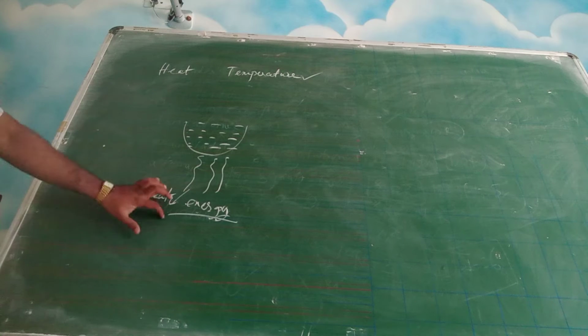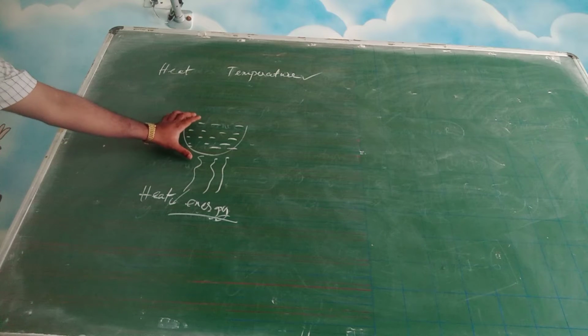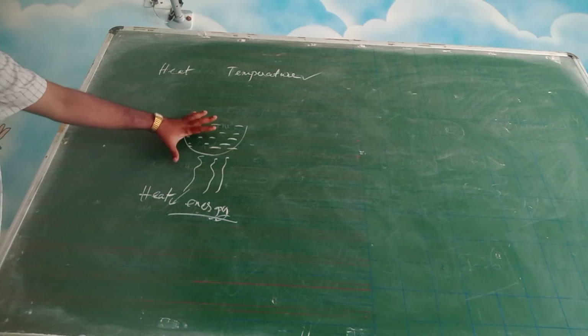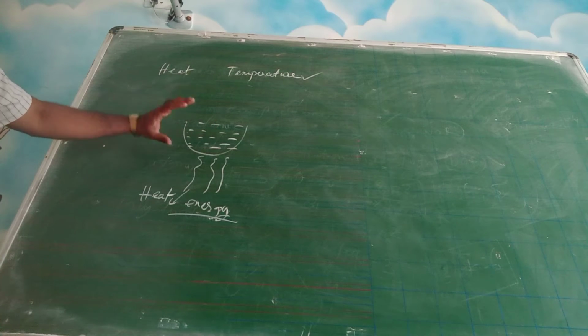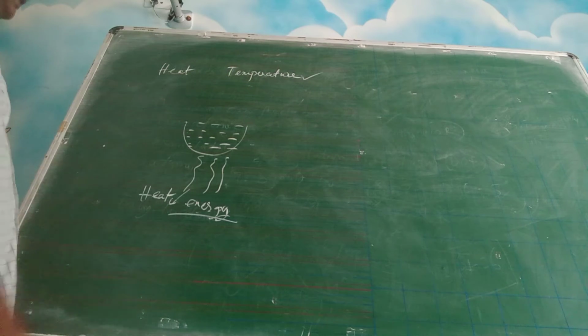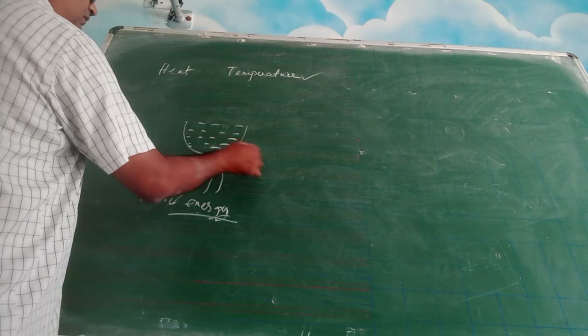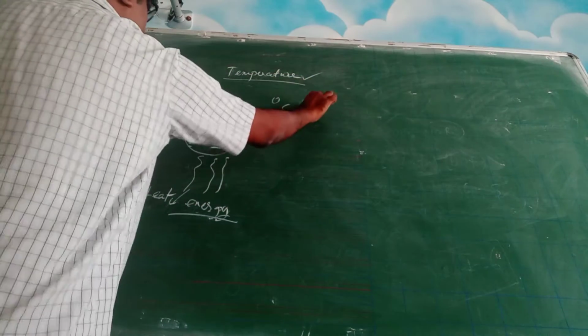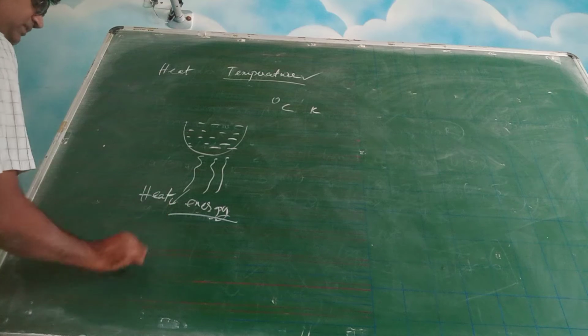Okay, you are supplying heat energy to increase the kinetic energy of the molecules. The degree to which it rises is temperature. Okay, initially let us say it was at some temperature; temperature is measured in degrees Celsius or Kelvin. Okay, and heat is measured in joules.